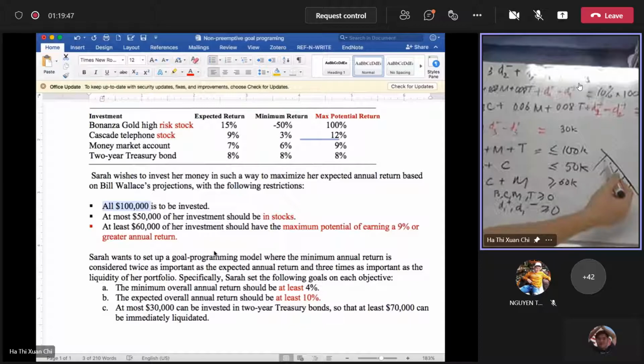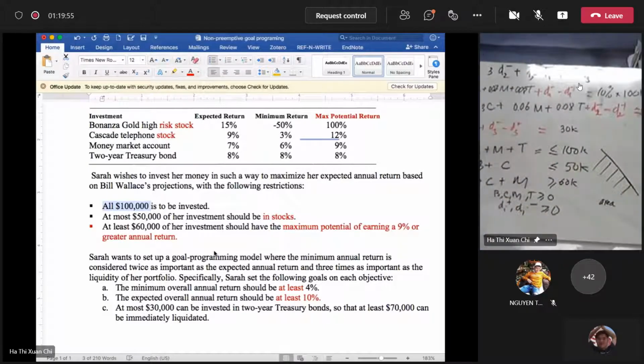So finding the solution in the area is easier than if you use the line here. So please consider when you put equal here, when you solve the real problem. Yes, okay, thank you teacher.